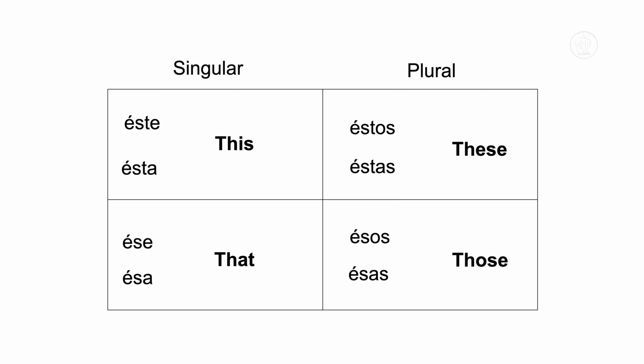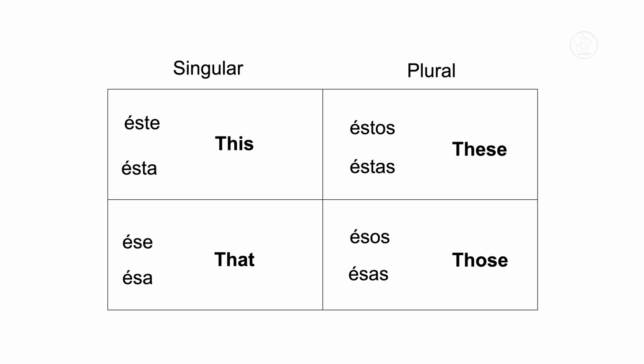Este or esta is used when referring to things very close to you, which means this. And that in Spanish is ese or esa. Again, we have masculine, ese, feminine, esa. Both mean that.